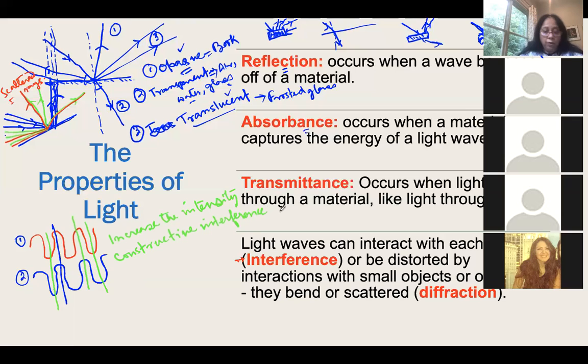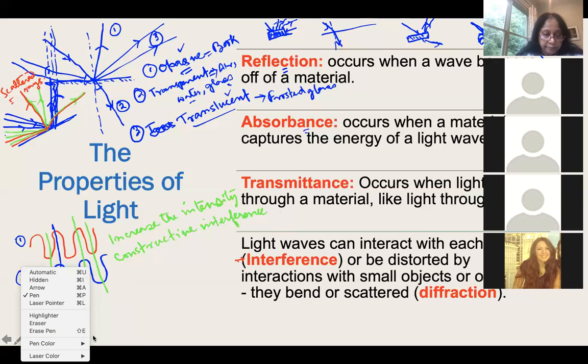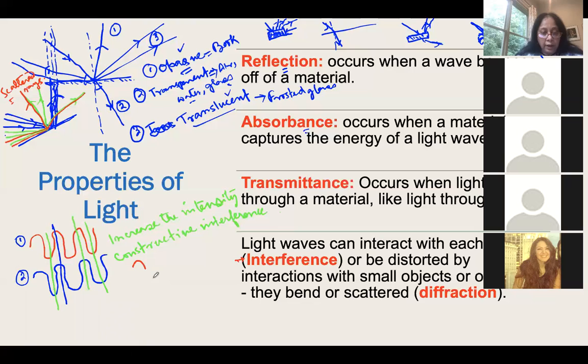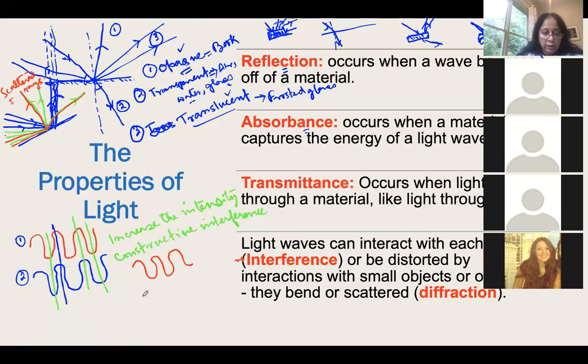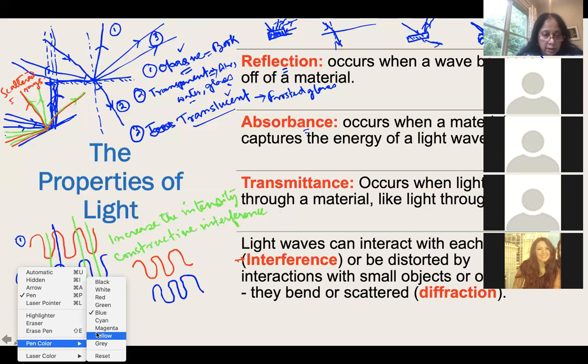Okay, now another type of interference. This is one light ray, and another one is this one. In this case, what happened?